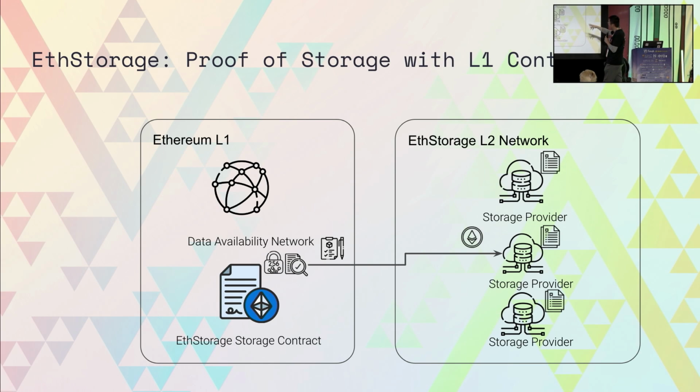So they will compete for this generation, and once a successful proof is generated and submitted to the storage contract on the blockchain, the corresponding Ether will be distributed to the storage provider.